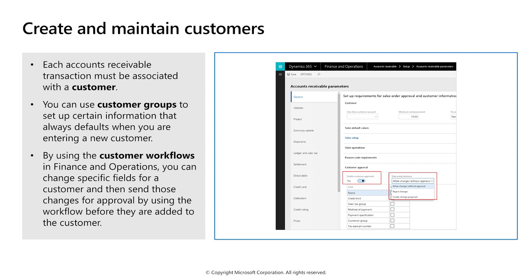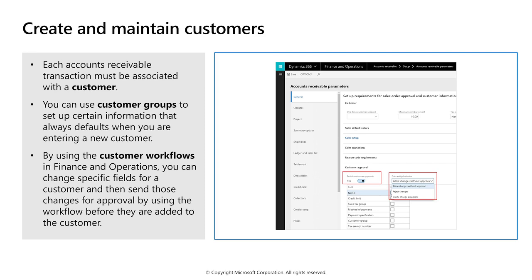Then in the data entity behavior field, select the behavior that the data entity should use when data is imported. Option allow changes without approval means all entity can update the customer records without processing it through the workflow. Option reject changes means changes cannot be made to the customer record. The import will fail for the fields that are enabled for workflow.